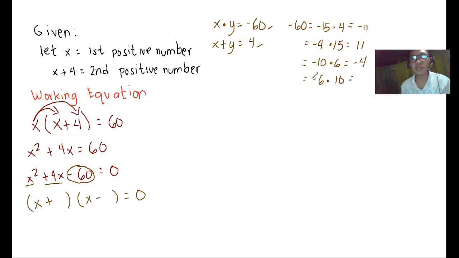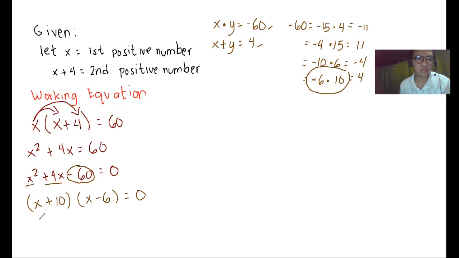Negative 6 plus 10 is positive 4. So we already have the answer. We will use negative 6 and positive 10, since when multiplied, it is equal to negative 60, while when added, it is equal to 4. So x plus 10 and x minus 6.